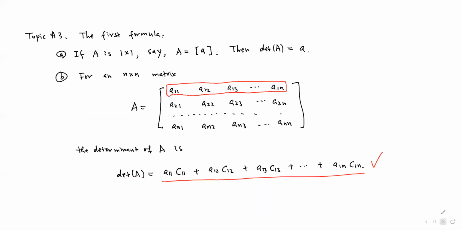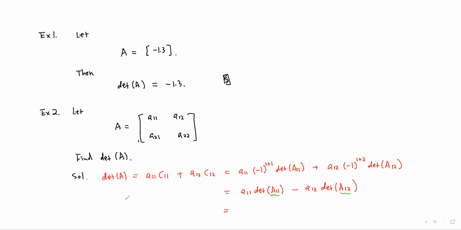Now here, for A11, delete the first row, delete the first column. So the determinant of A11, this is a capital A11: delete row 1, column 1, so only a22 remains. It is a 1 by 1 matrix, the entry is a22.